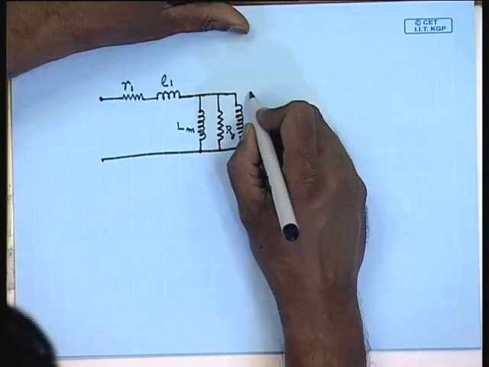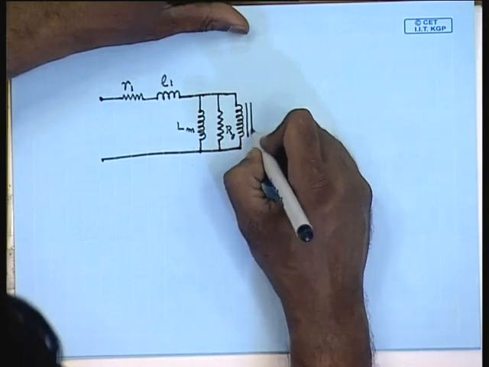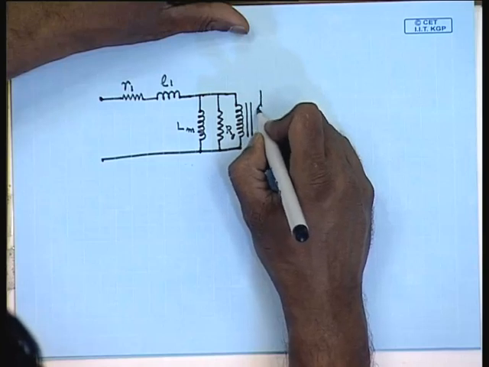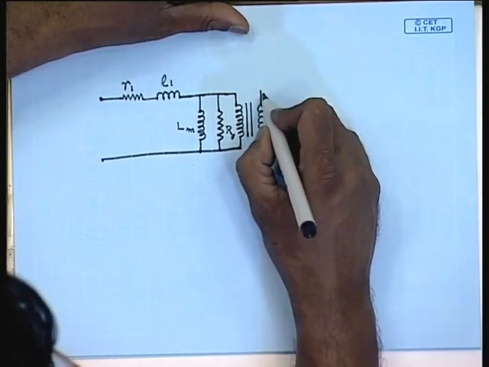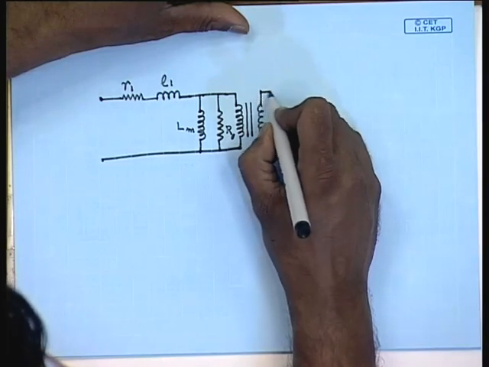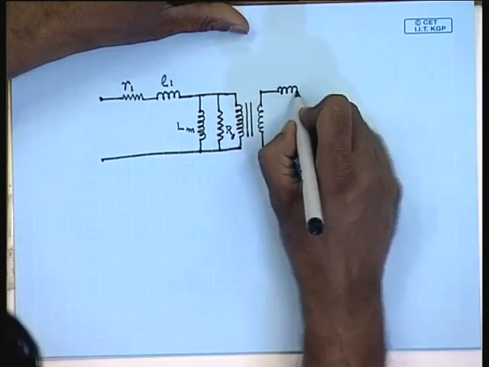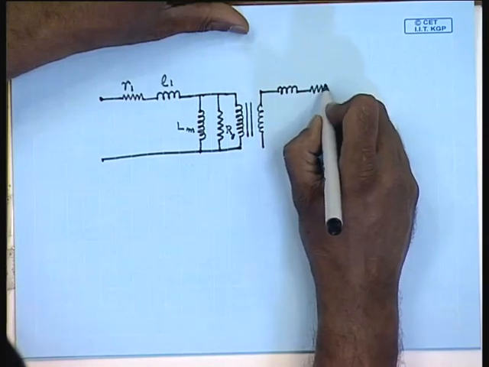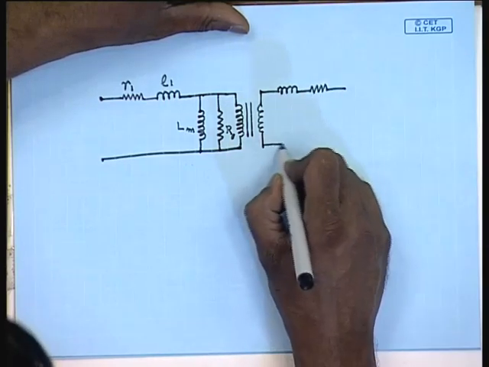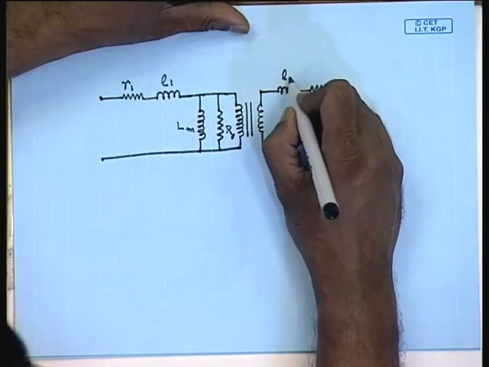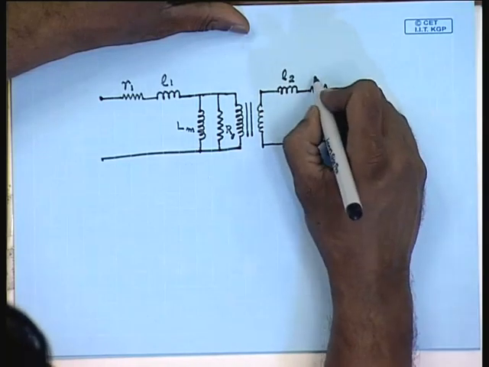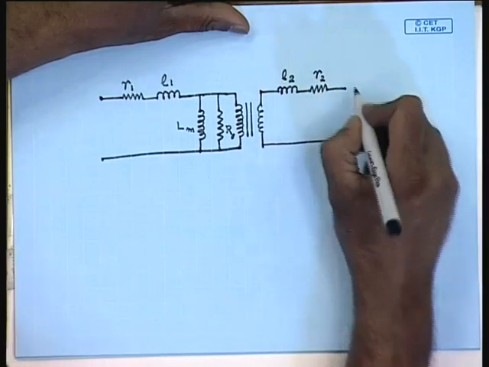This is the ideal transformer. The secondary side, similarly, there will be a leakage inductance L2 and the winding resistance R2.